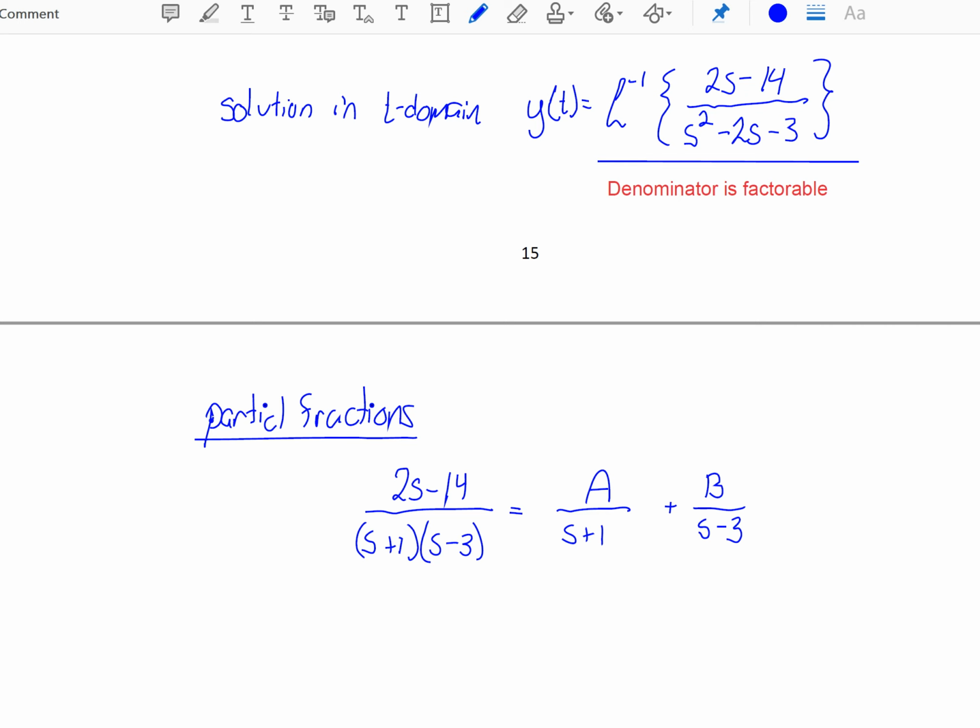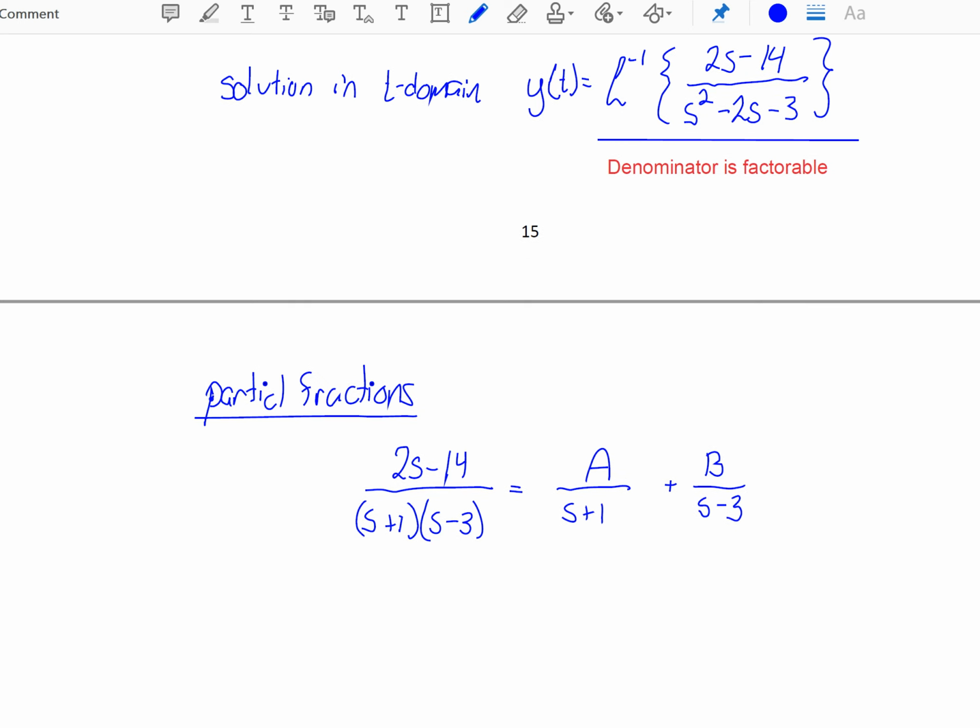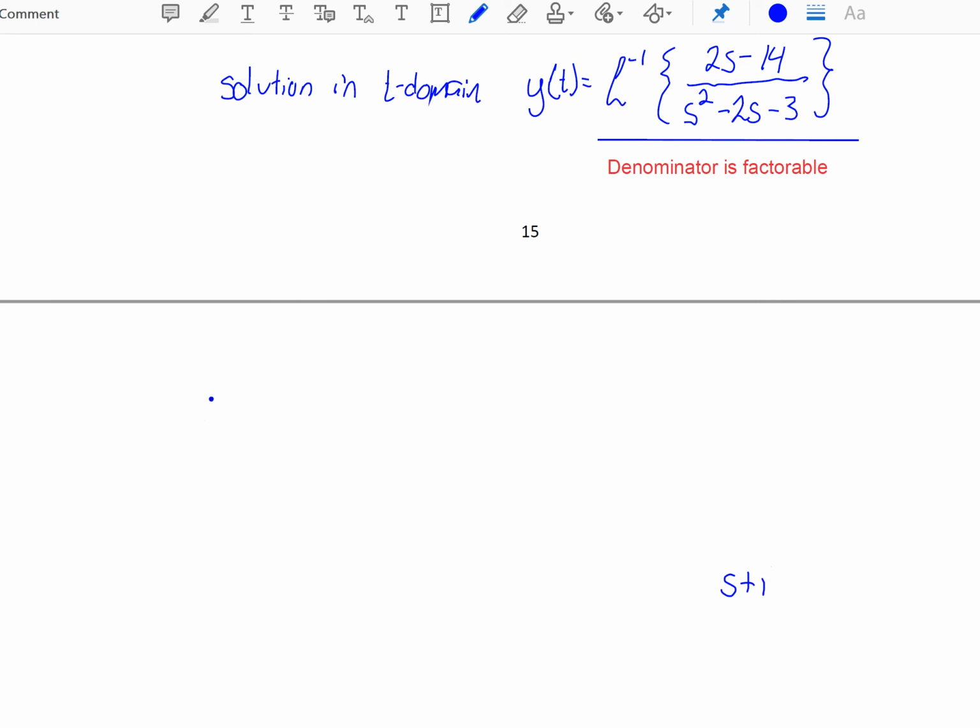Now multiplying both sides of our equation by our lowest common denominator, which was s plus 1, s minus 3, we get 2s minus 14 has to equal a times s minus 3 plus b times s plus 1.